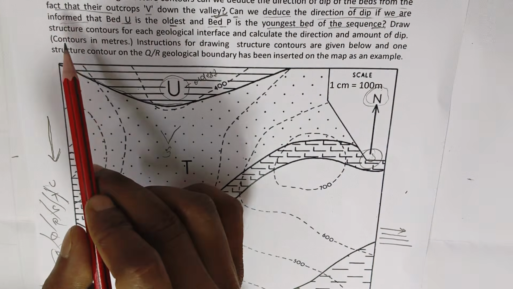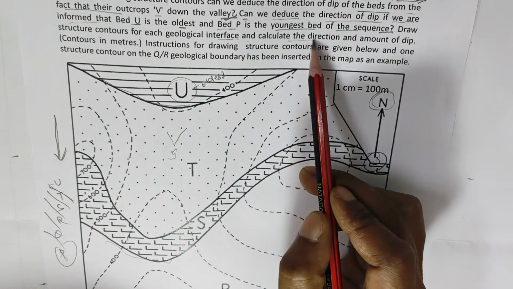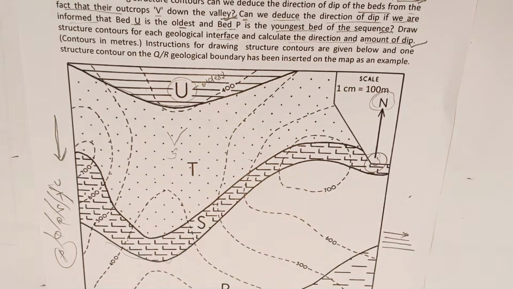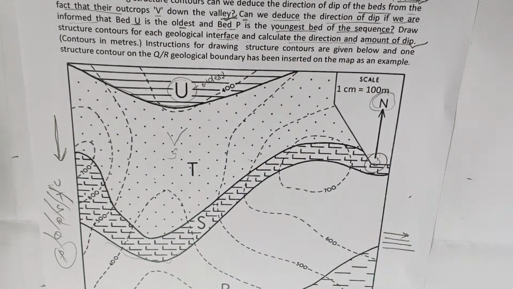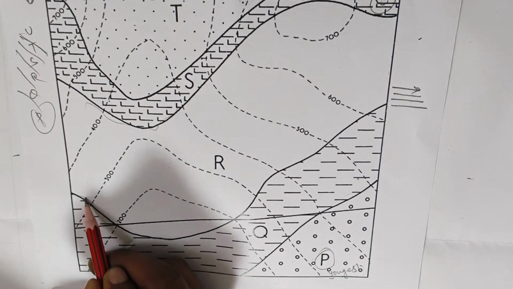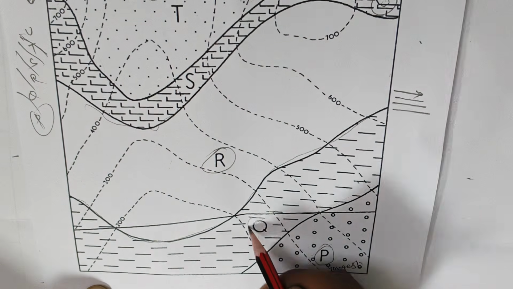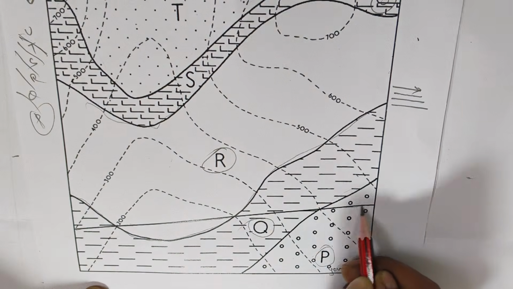Next thing is, draw structure contours for each geological interface and calculate the direction and amount of dip. Now we will draw structure contours for each bedding plane. One example is given in the question. This is our bedding plane between R and Q. This is R and this is Q, and this is one structure contour.